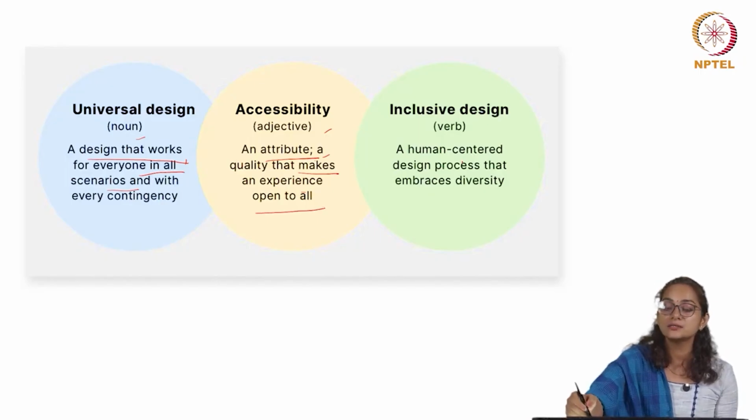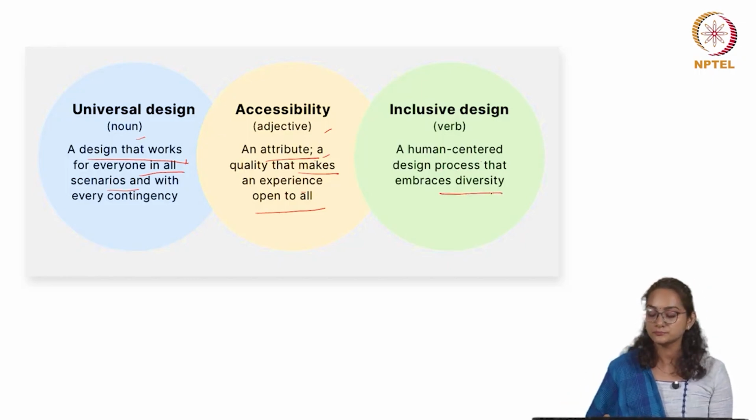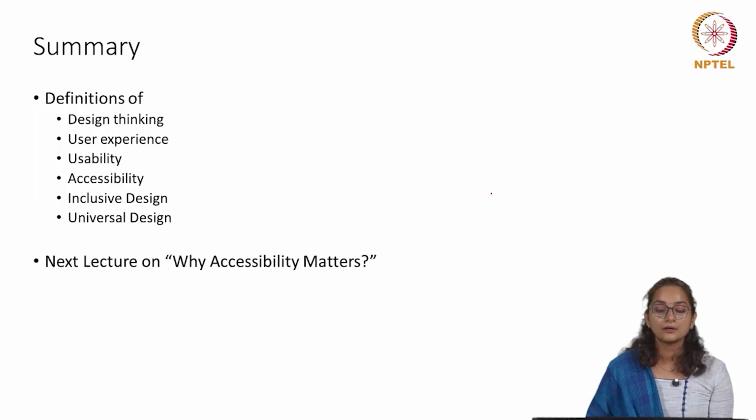Inclusive design is a human-centered design process that embraces diversity. To summarize, in this lecture, we talked about definitions of design thinking, user experience, usability, accessibility, inclusive design, and universal design. In the next lecture, we will discuss why accessibility matters.